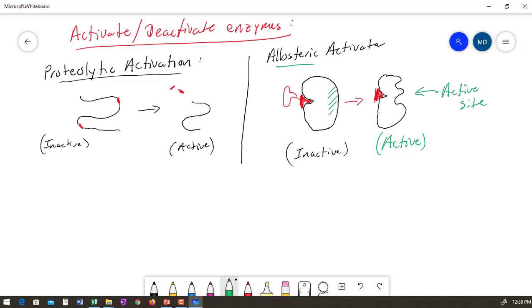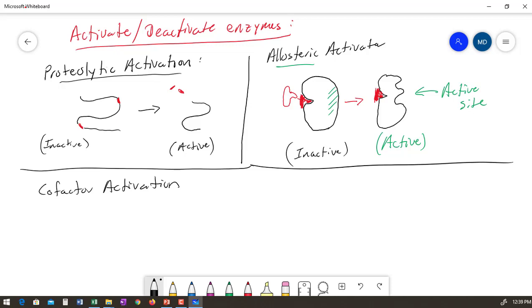All right, another way to activate these enzymes is through what's called a cofactor. And cofactor activation is very similar to allosteric activation, but here these are typically going to be individual ions or metals. So metallic ions are often what they are, that are used to activate the enzyme.